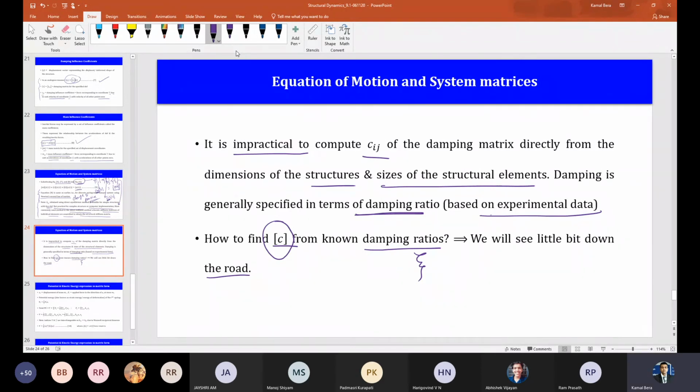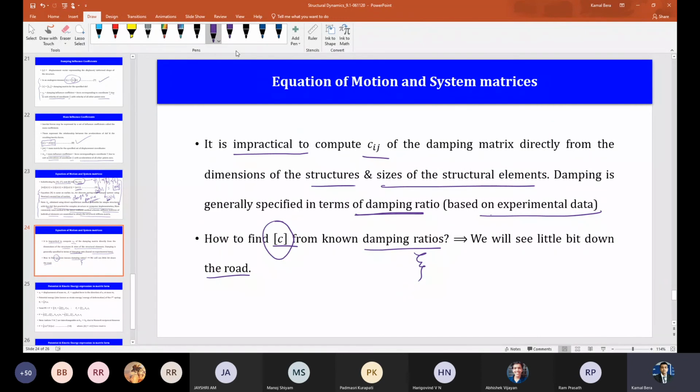I understand that you might have little difficulty understanding all of this because you don't have that much background. But don't worry, because there will not be a question on formulating these coefficients for a big structural system. Obviously, I am not going to give a truss or a frame structure and ask you to form the mass or stiffness matrix. A simple discrete system will be given. From that you just draw the free body diagram and write the equation of motion for each mass, either using Newton's law or D'Alembert's principle.